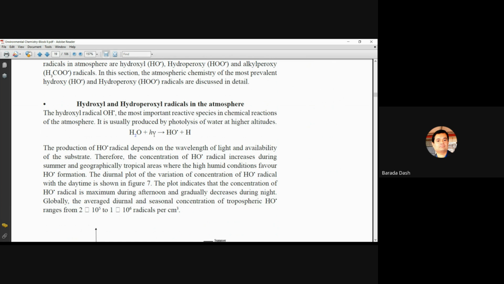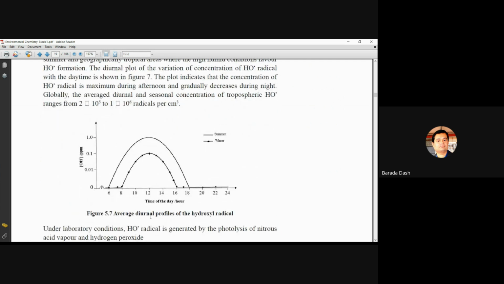Therefore the concentration of hydroxyl radical increases during summer and in tropical areas, where high humid conditions favor hydroxyl formation. The diurnal plot of the variation of concentration of hydroxyl radical with daytime is shown here. So you see the average diurnal profiles of hydroxyl radical.